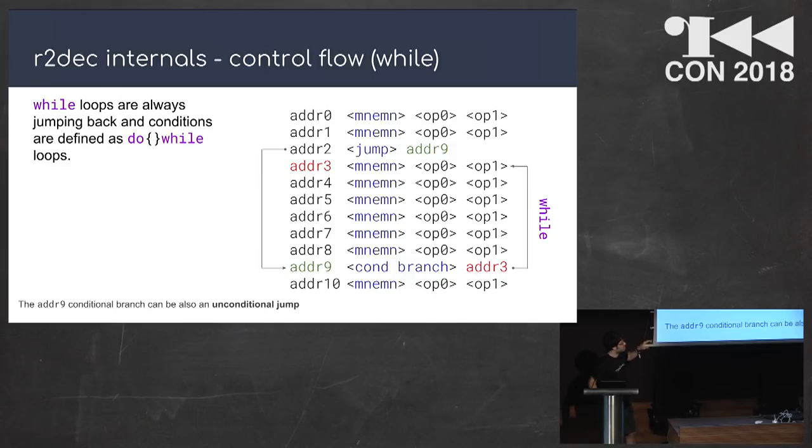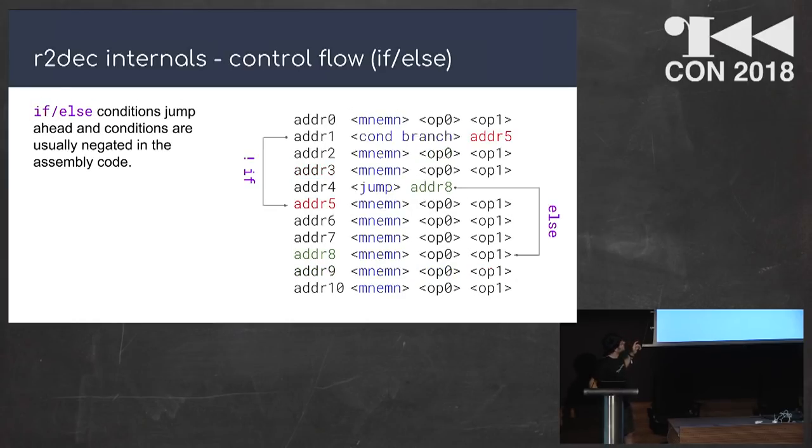Usually, you won't find just a while as you write in C. The compiler optimizes it into a do while loop. So sometimes you will find do whiles in the compiled code, and sometimes you find whiles. It depends on the analysis that I've done and how the code itself behaves. So optimizations are tricky to get.